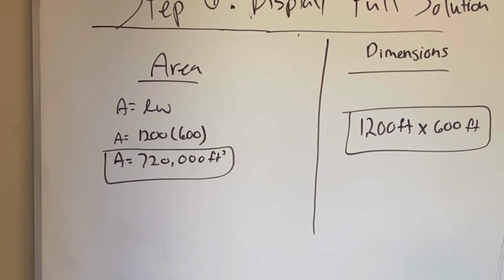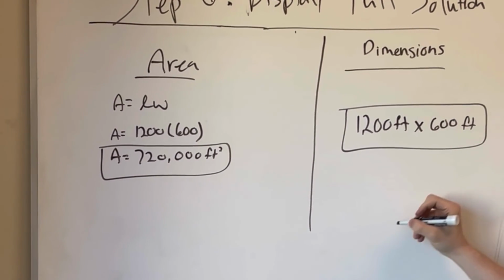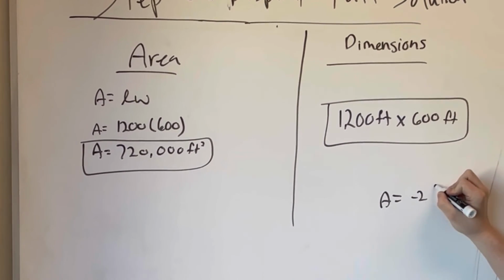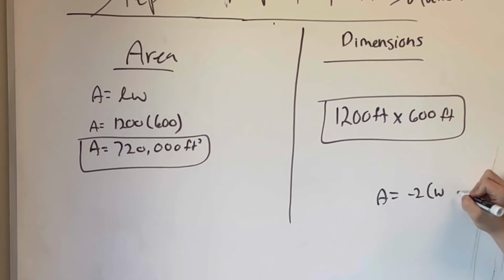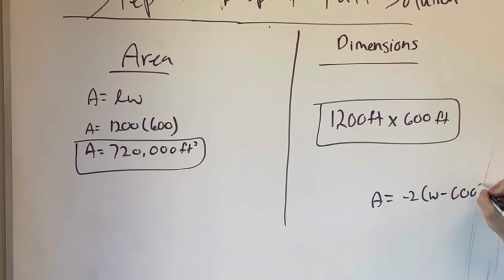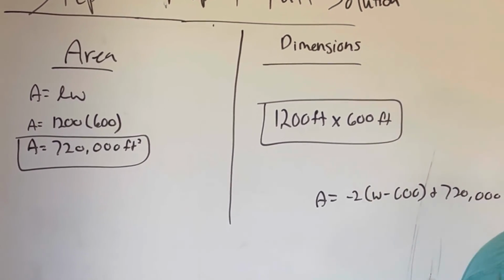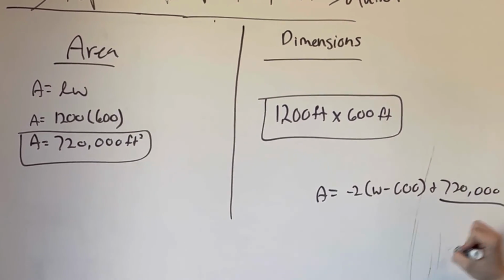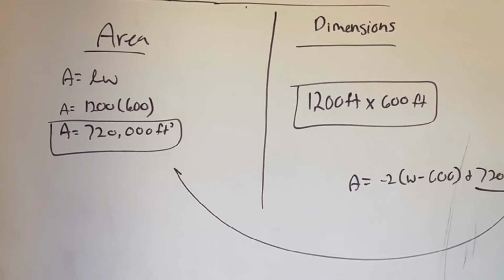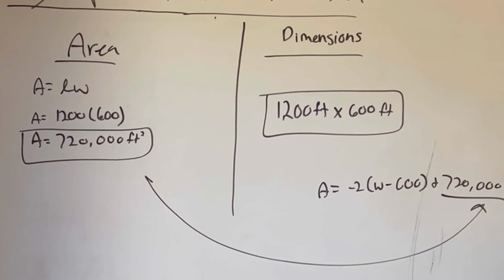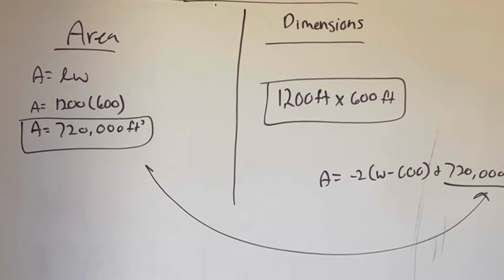This was also displayed when we had our other formula, where A was equal to negative 2 times W minus 600 squared plus 720,000. This right here was the same as that right here, which tells us that when we do a problem like this, we can get the solution without even having to go into the area itself.